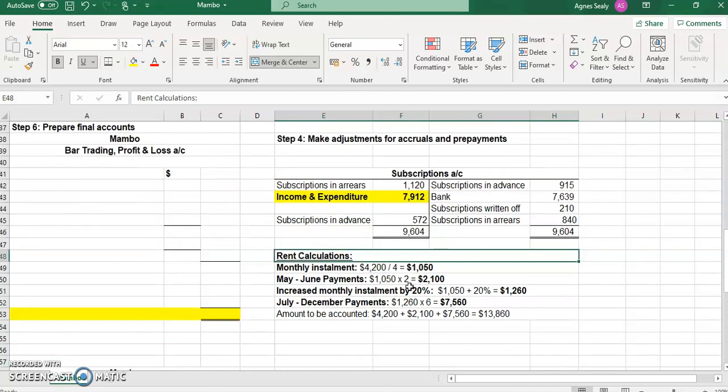In the last video, we were looking at our rent. $4,200 was paid from prepaid for January to April 2014, and we had to work out the monthly installment for that because it was equal monthly installments. Then we wanted to find out how much was paid for May to June for those 2 months.